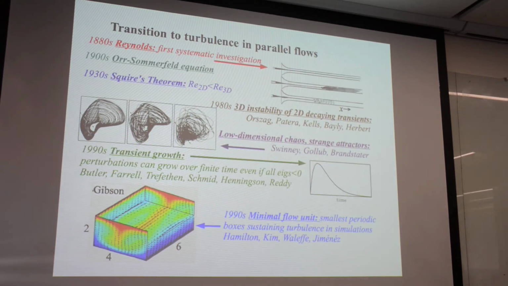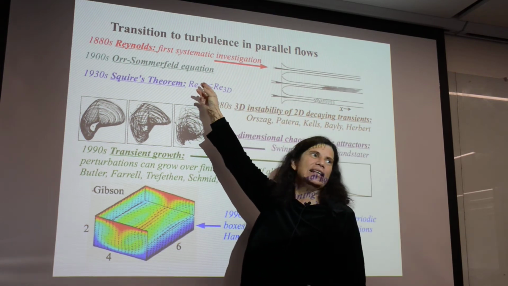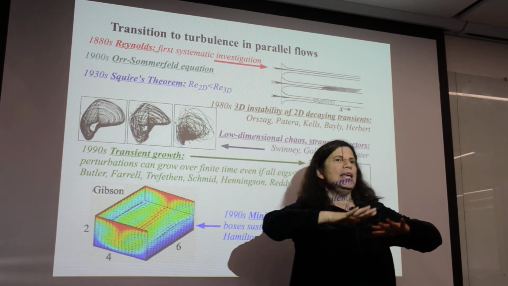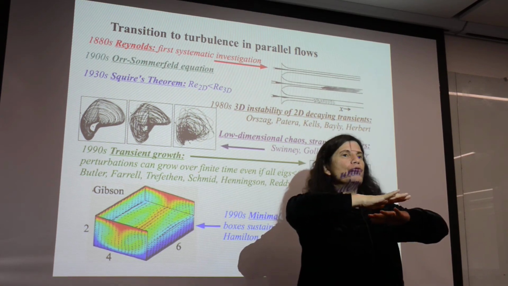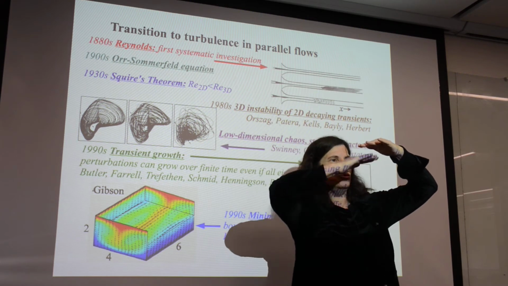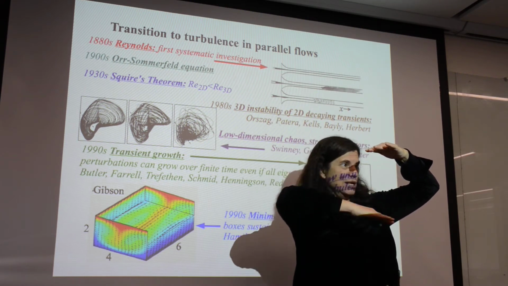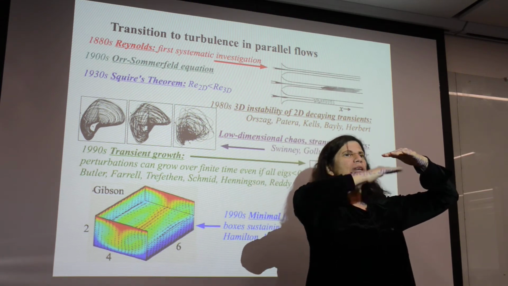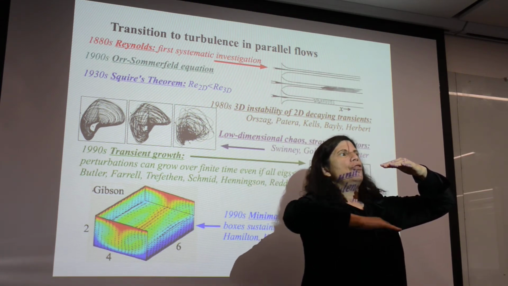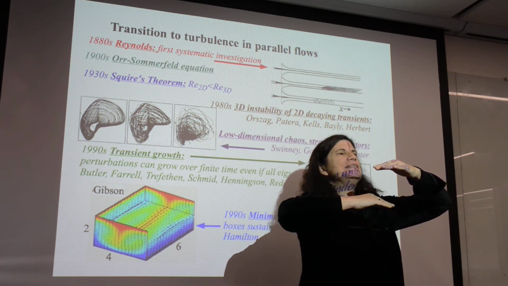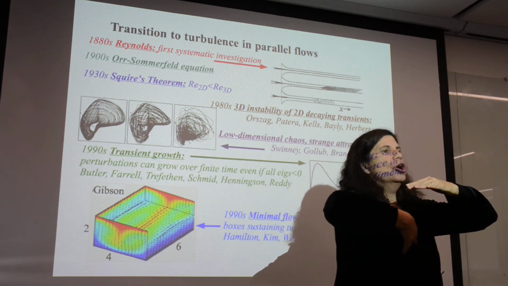So this Squire theorem says that if there is a linear instability in 3 dimensions, meaning you go from something that is just in the x direction with only dependence in the y direction, those are the conventions I'm using, okay? Or I guess you're facing it, x direction, but dependence only in the y direction, then the first linear instability must be something that does not depend on z.